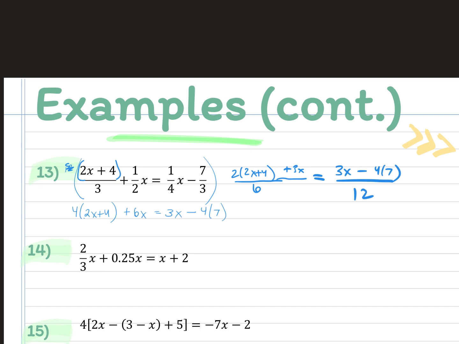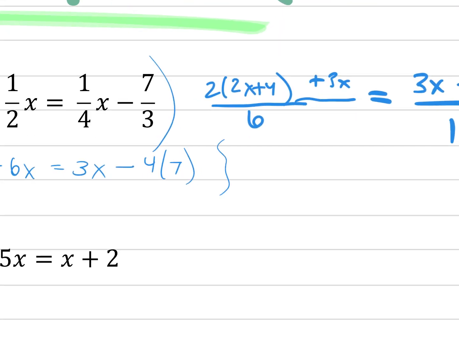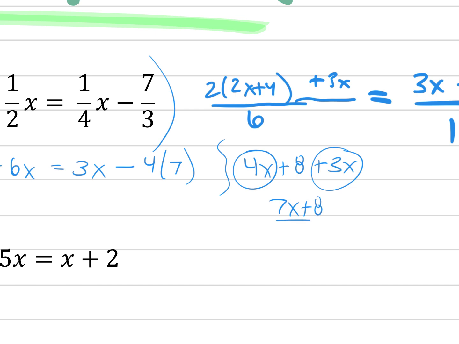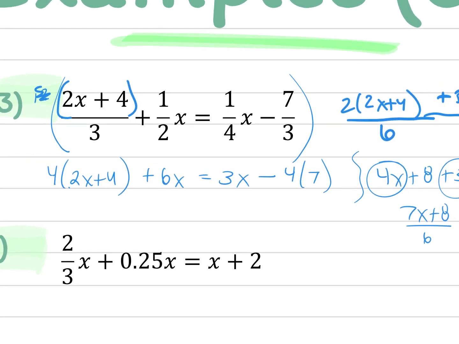Now, do I have a fraction equal to a fraction? Yes. So let's go ahead and clean this up over here. This becomes 4x plus 8 plus 3x. So it's 7x plus 8 over 6.